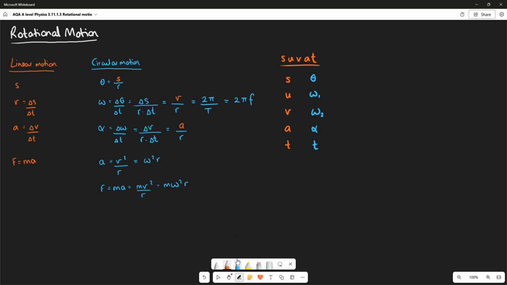If we take the equations of motion, then we can rewrite these just using the circular motion terms.